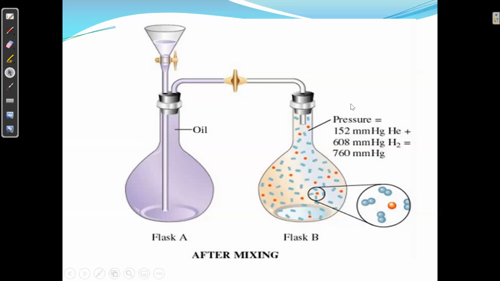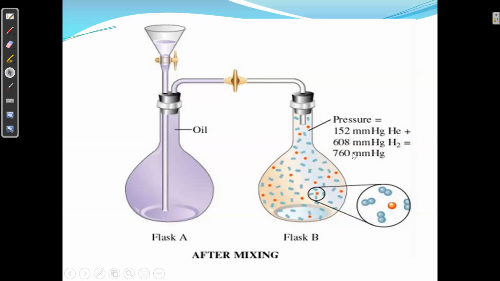So the total pressure is equal to the pressure of helium plus the pressure of hydrogen, which is equal to 760 mmHg. This 760 is the total pressure, and these are the individual pressures. In a mixture, the individual pressure of each gas is called the partial pressure of that gas.